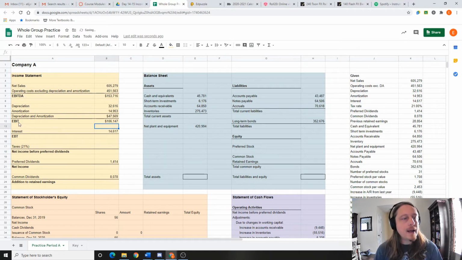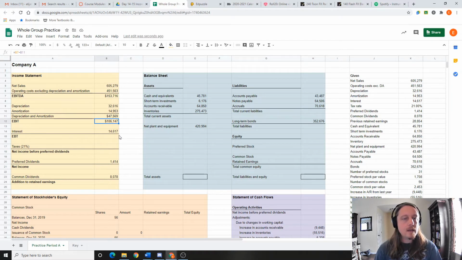Now we have EBIT. That looks a lot the same, but it's because now we've taken out the depreciation and amortization, so the DA is gone, and we're left with EBIT. This is now my earnings after we've lost depreciation and amortization.